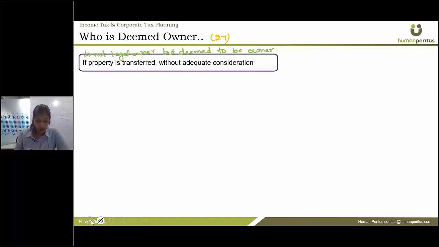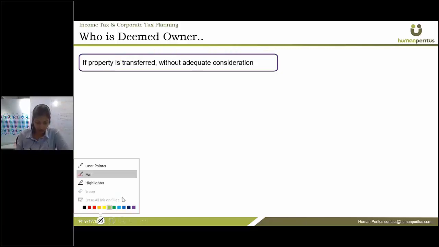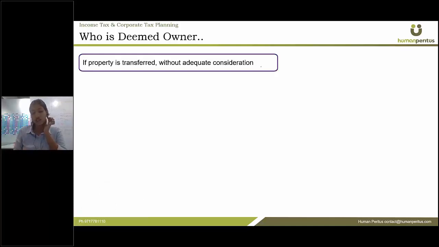And when does that happen? First, if the property is transferred without adequate consideration.